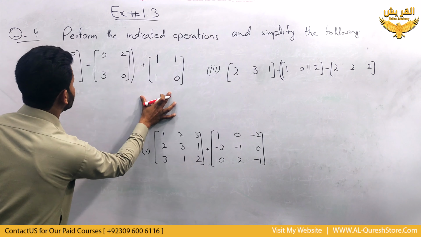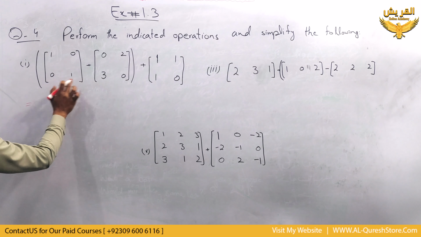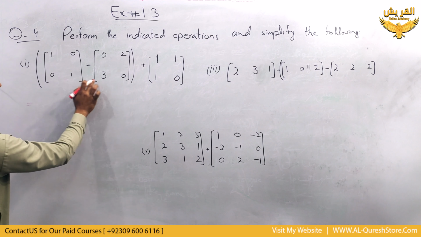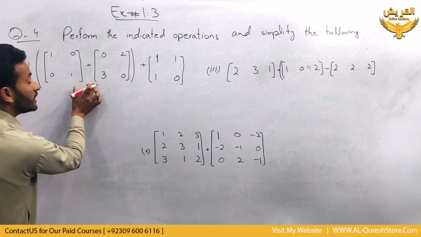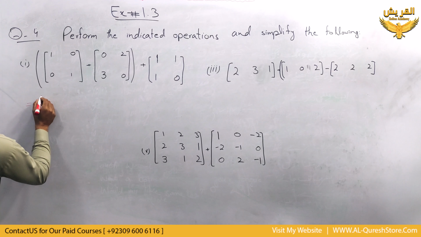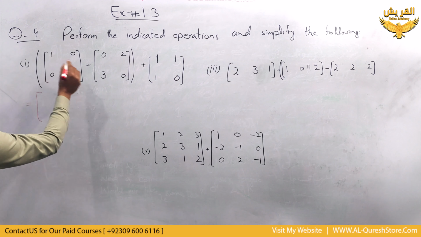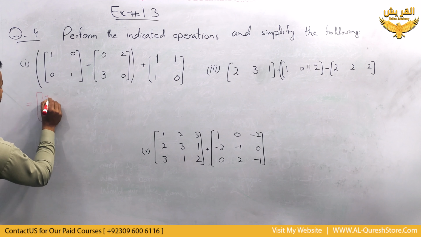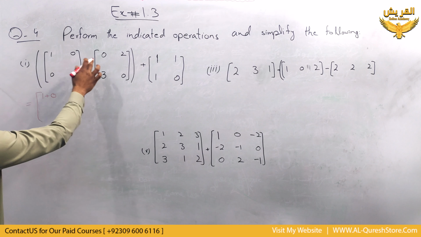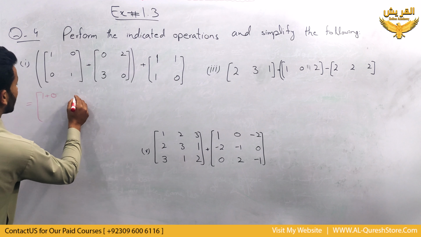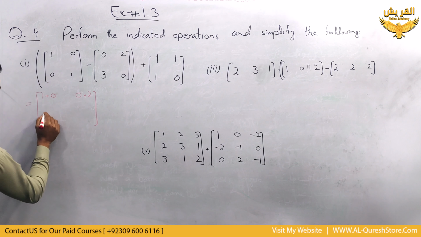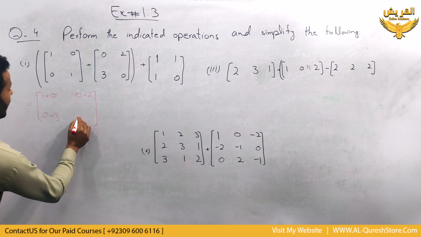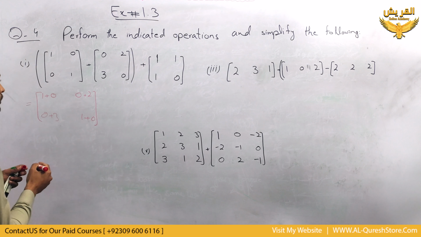to perform this. We use it to add these two matrices and then add this matrix to their sum. First we add them: 1 plus 0, adding corresponding entries to each other, 0 plus 2, 0 plus 3 and 1 plus 0.